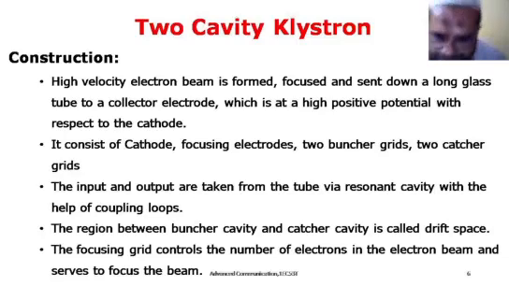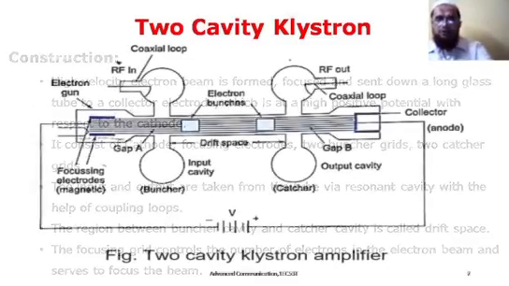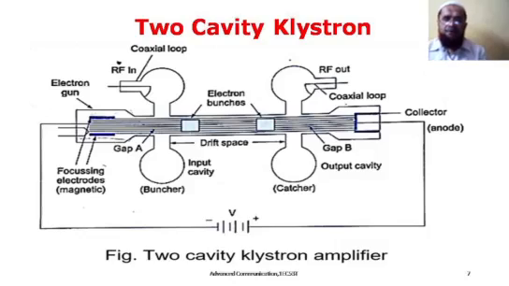Right. So we have come across the two cavity klystron. Here the input and output are taken from the tube via two cavities, which we call resonant cavities, with the help of coupling loops. We have the buncher cavity as well as the catcher cavity. In one cavity we feed the RF input, and in the other we get the RF output.